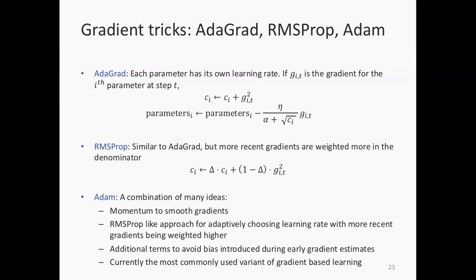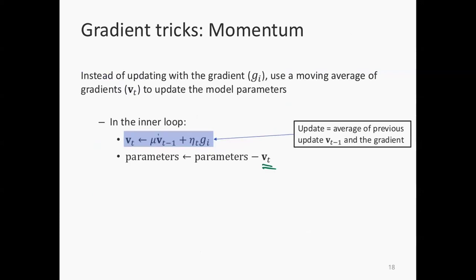And ADAM has a whole bunch of hyperparameters. There is the initial learning rate. There is this alpha that I did not talk about, but it's there. There is this delta, which talks about how much of the older gradient should influence the current learning rate. And then there's also the mixing term that showed up for momentum, this mu.